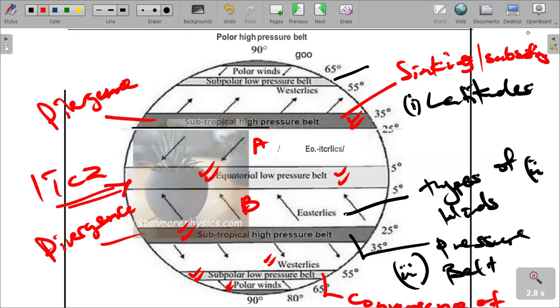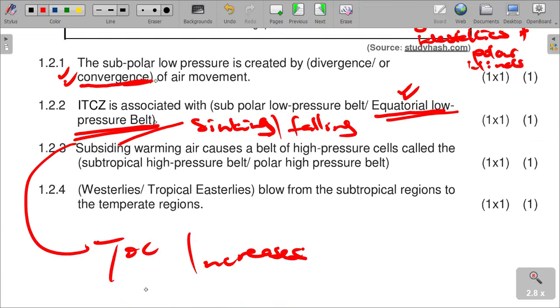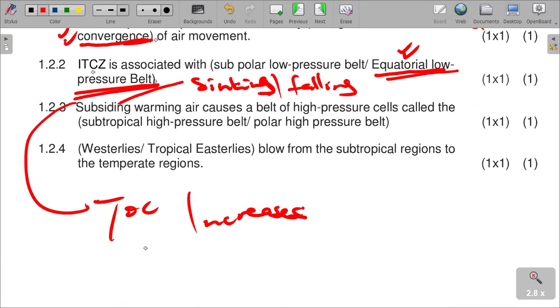This is the pressure belt associated with subtropical high pressure. Subtropical high pressure is the one that is actually associated with subsiding air masses.